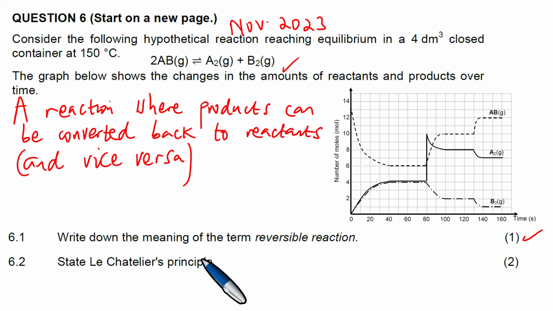Write down the meaning of the term reversible reaction. A reaction where products can be converted back to reactants. So you have the products, and these can be converted back to reactants. This means that you have a reversible reaction because you can convert the products back to reactants.